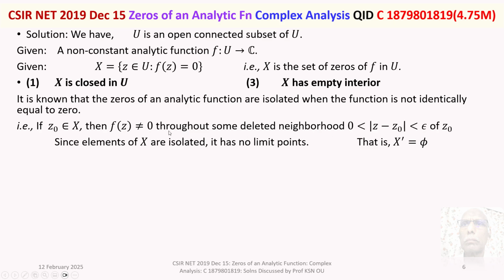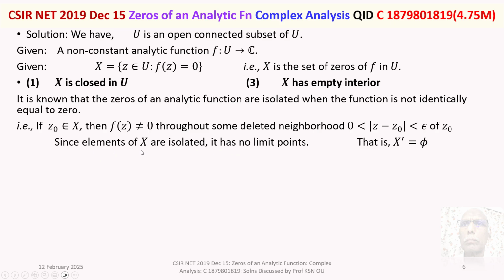Why can this happen? Z0 belongs to X, that means F of Z0 is 0. Then F of Z is not 0 throughout some deleted neighborhood, 0 less than modulus of Z minus Z0 less than epsilon of Z0. Why does this happen? Because the elements of X are isolated, because they are separated.